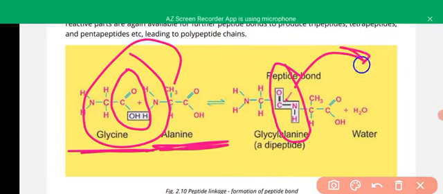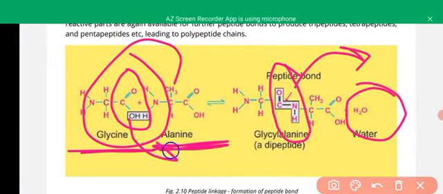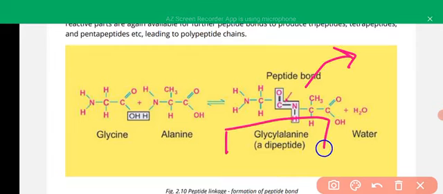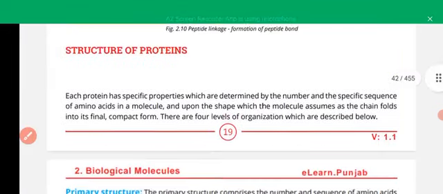Here is the peptide bond and the formation of the water molecule, which is removed from the glycine carboxyl group, and hydrogen removed from the amino group. The resulting compound is a dipeptide, consisting of two amino acids and one peptide bond. It is a dipeptide called glycyl alanine. In this way dipeptides are formed.